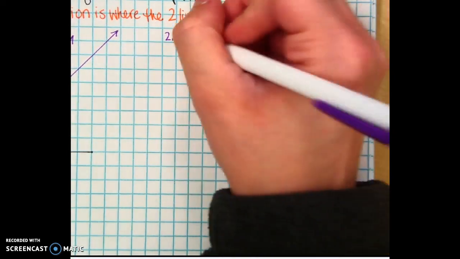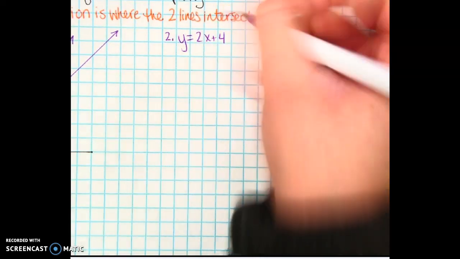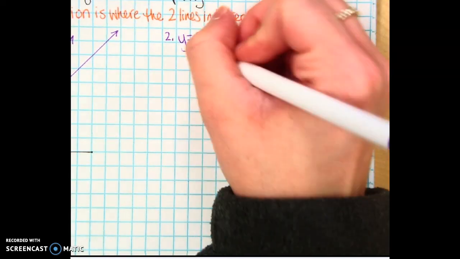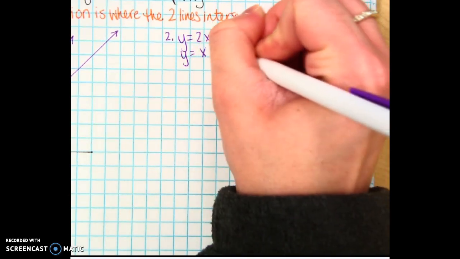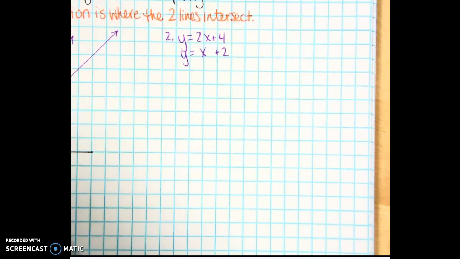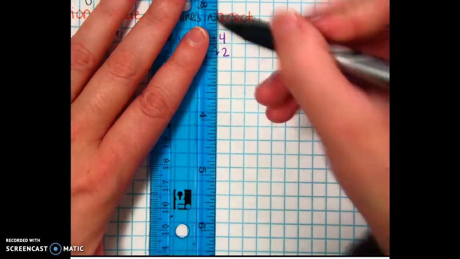So number 2 is y equals 2x plus 4, and y equals x plus 2. I'm going to draw the plane here.